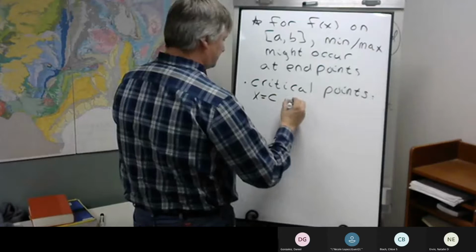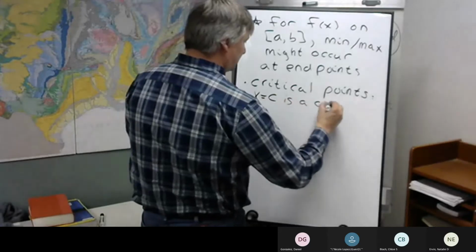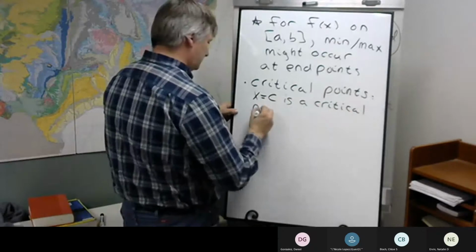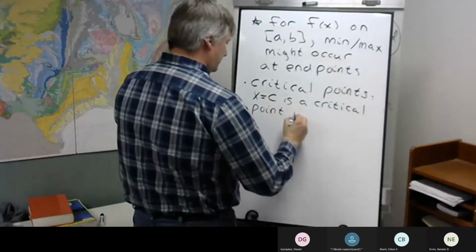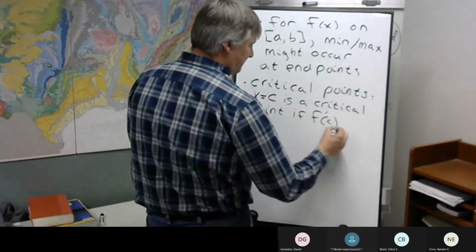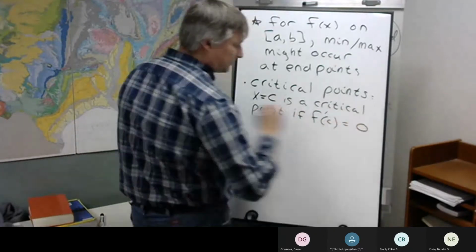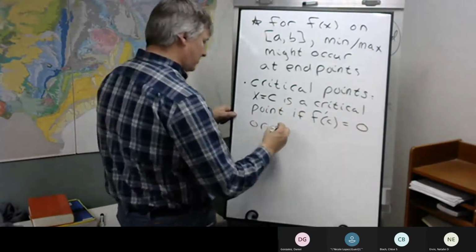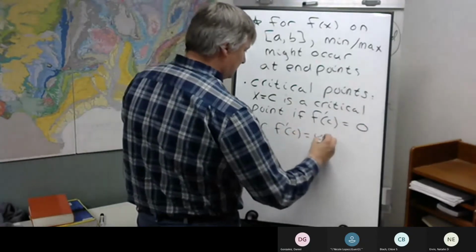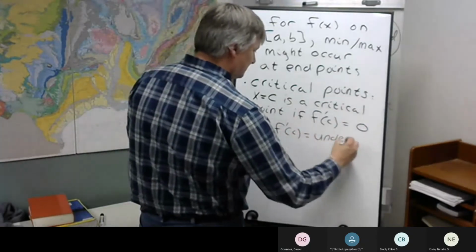X equals c is a critical point if the derivative of f at c is 0, or the derivative of f at c is undefined.